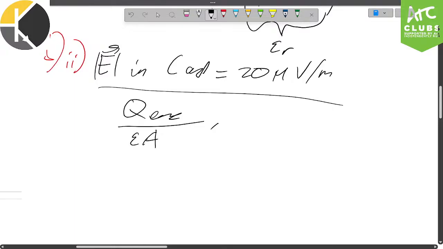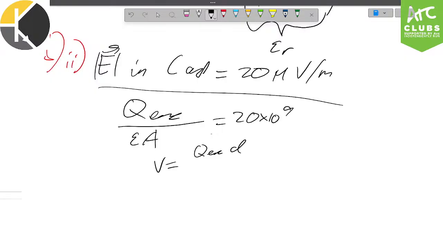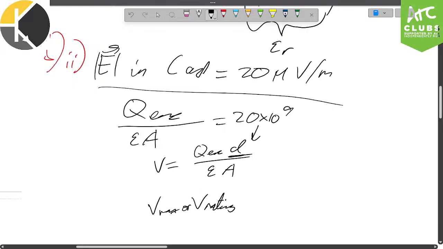Now, note that I need to determine the voltage. So I've said that this much is going to be 20 times 10 to the 9, and so V equals Q enclosed times D on epsilon A. I'm just going to multiply this value by D. So my V max, or V rating, is going to be equal to 20 times 10 to the, that's not meant to be 9, that's meant to be 6, 20 times 10 to the 6 times my distance, which is 10 to the minus 4.